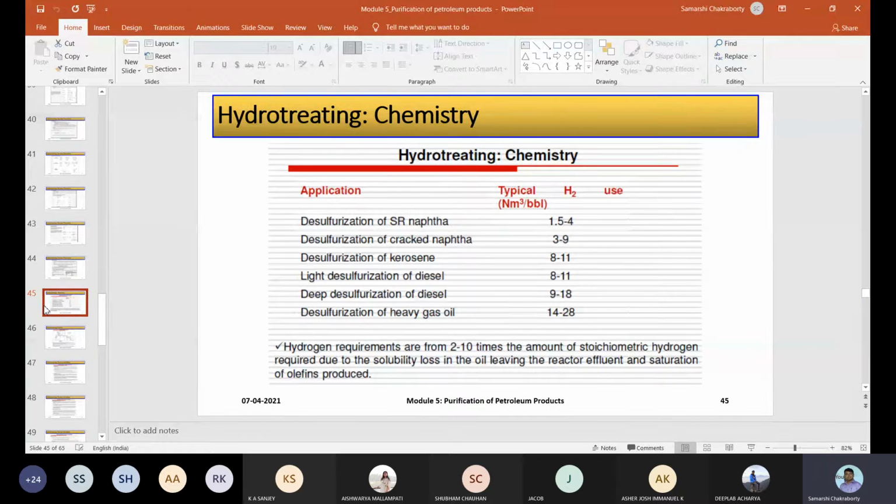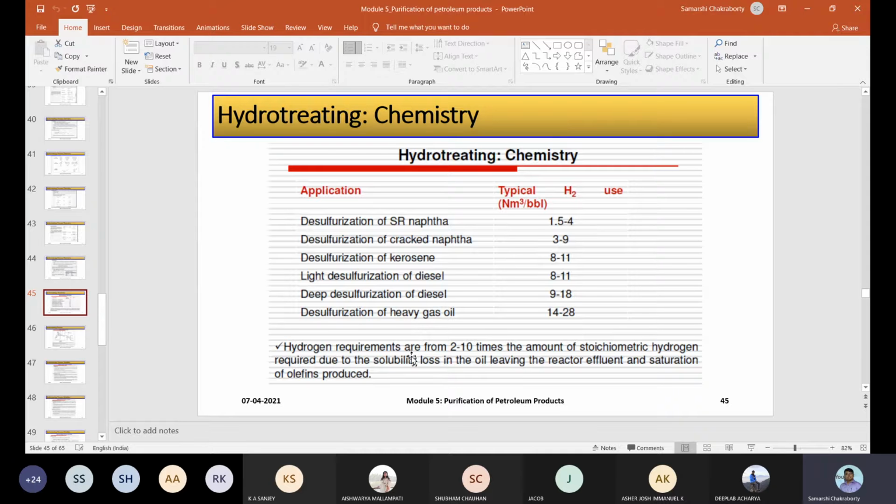As you can see from this chart, as we go for heavier petroleum fractions, straight run naphtha will be the lightest of all feedstocks, so your hydrogen requirement for hydrotreating is on the lower side. Similarly, as we go for heavier fractions such as cracked naphtha, then kerosene, diesel, and deep desulfurization will require more hydrogen, and whenever you are dealing with heavy gas oil, your hydrogen requirement will be even more.